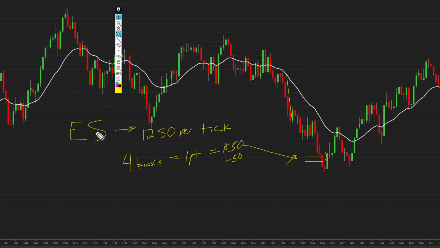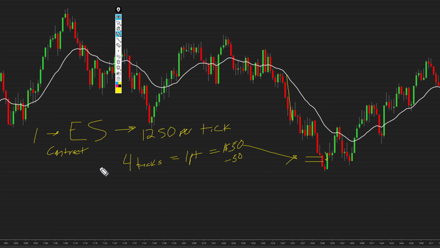All right, let's go back to the board. In this example, when I said ES is $12.50 per tick, what I really should have said is one ES contract. You're trading contracts when you're talking futures. You can look this up, there are free ebooks on Amazon for the basics of futures.